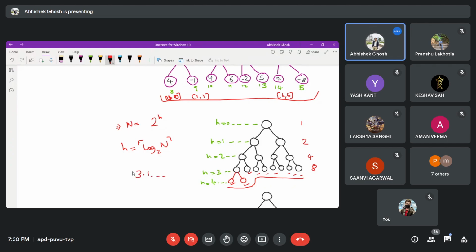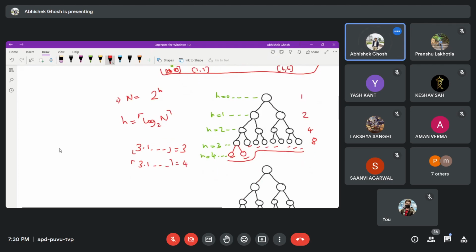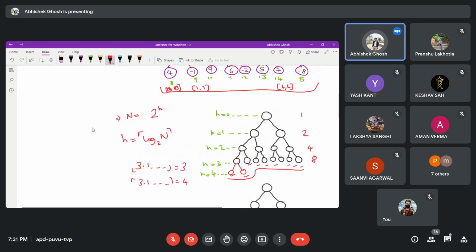If you take the floor of this value, it would be 3. The ceiling of this value would be 4. Basically, the floor is the greatest integer not exceeding the value, and for the ceiling we take the next integer. So the height of the segment tree is this.